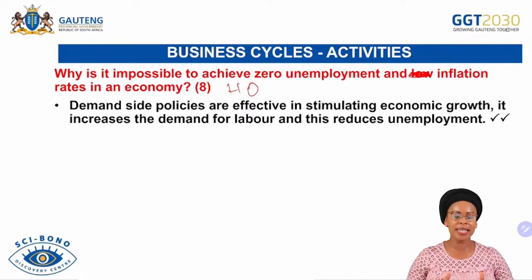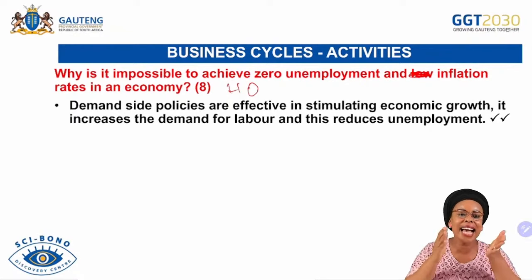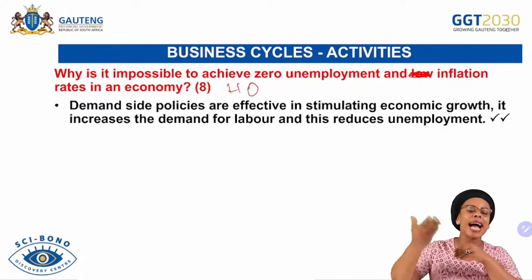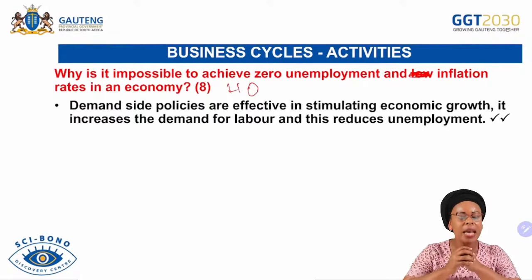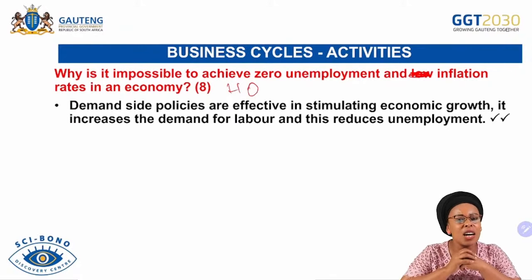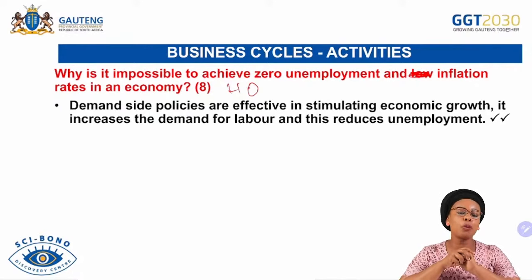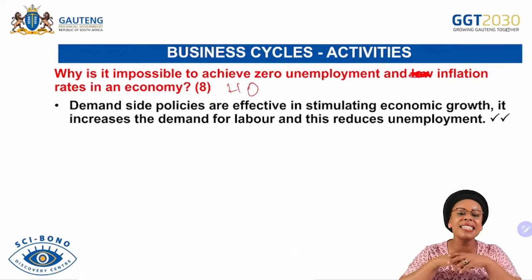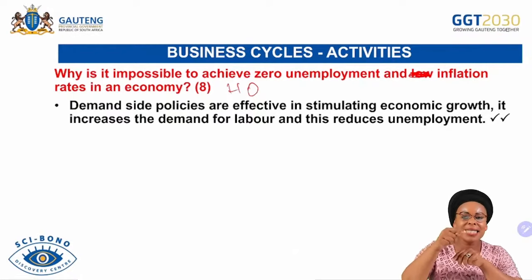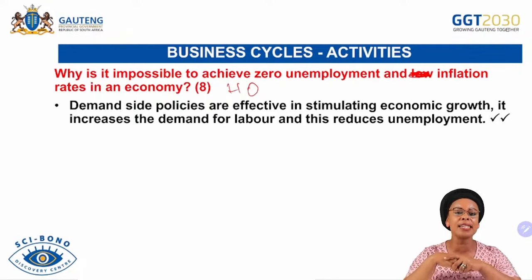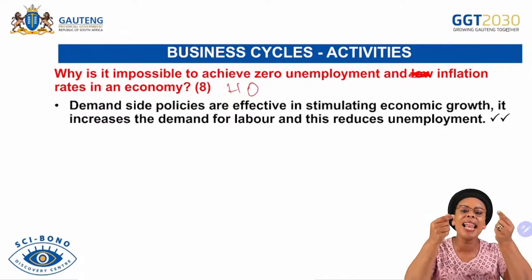So let us look here. With the demand-side policy, remember what is the aim of the demand-side policy? To increase aggregate demand. If aggregate demand increases, what else should increase? Production. So who should produce these goods because of an increase in demand? Businesses will require workers. And these workers, when they are employed, they will earn money.